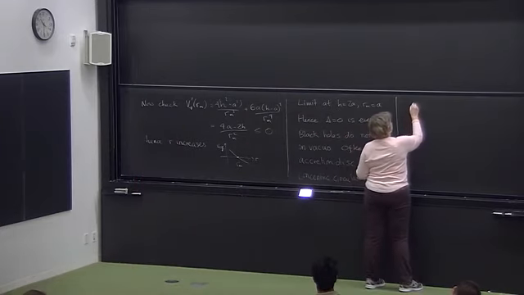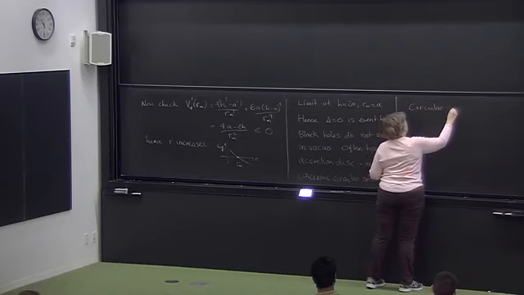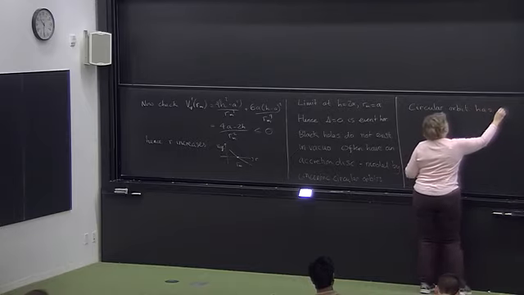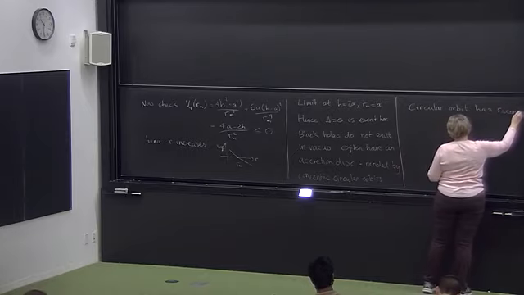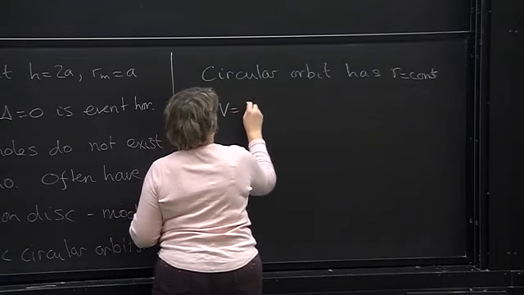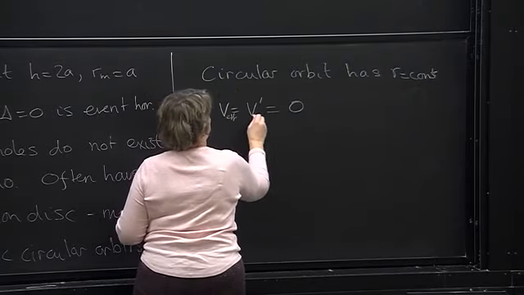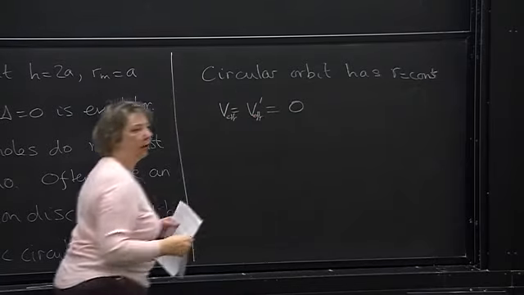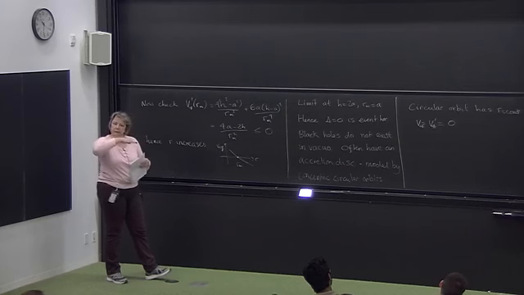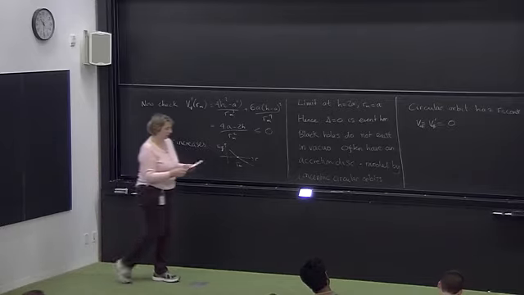So a circular orbit obviously has R equals constant, and V equals V prime equals 0. So with this effective potential, if R is a constant, R dot is 0, so V is 0, but in order for R not to change, you've also got to have V prime as 0.